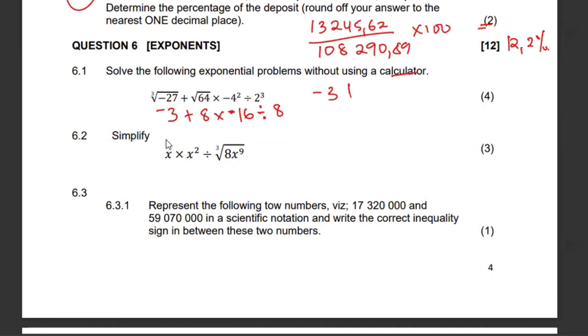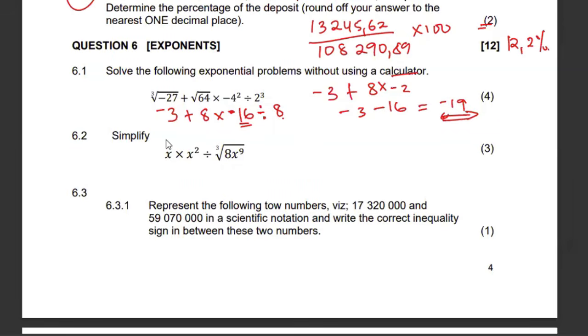So negative 3 plus 8 times, we know that negative 16 divided by 8 is going to give us negative 2. The negative 3, this positive 8 and a negative 2 is going to give us a negative 16, meaning that our final answer should be negative 19.